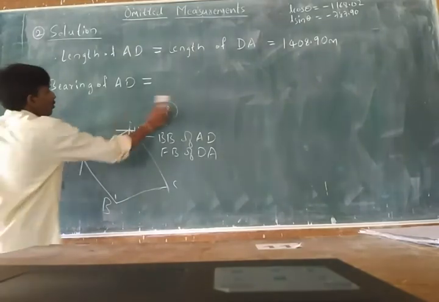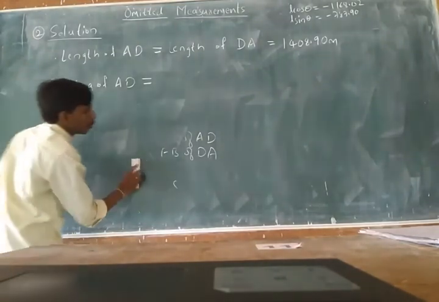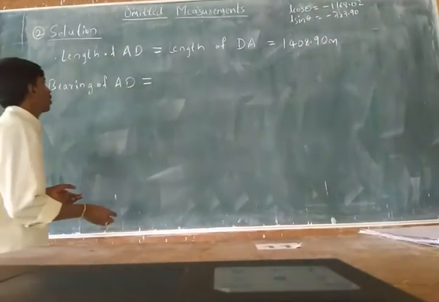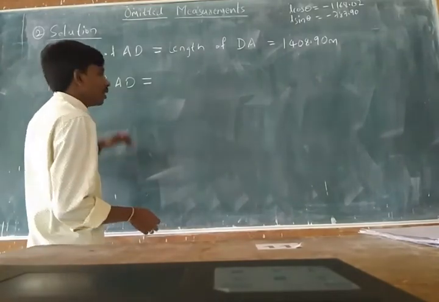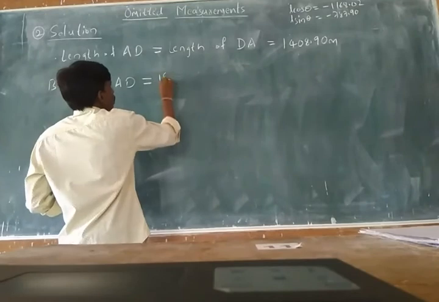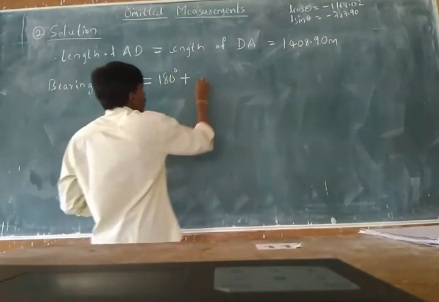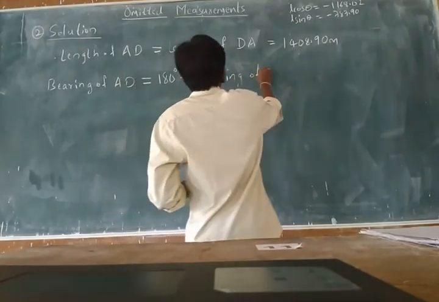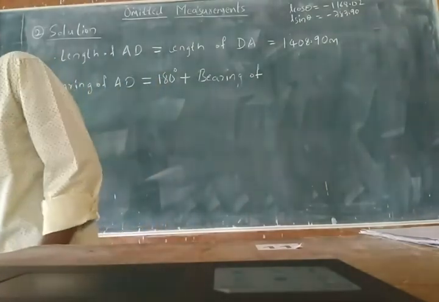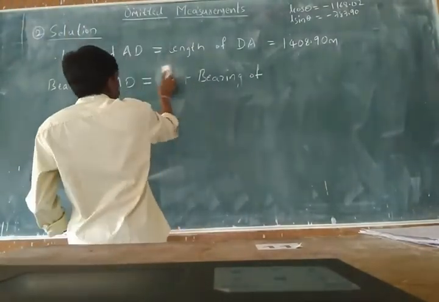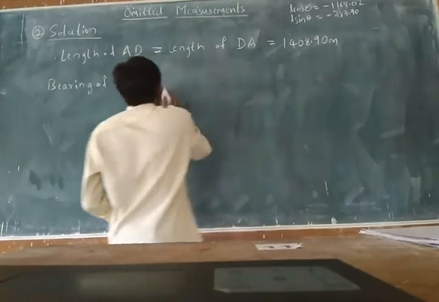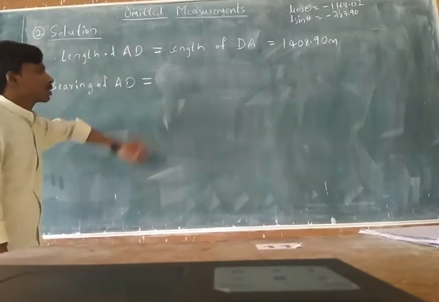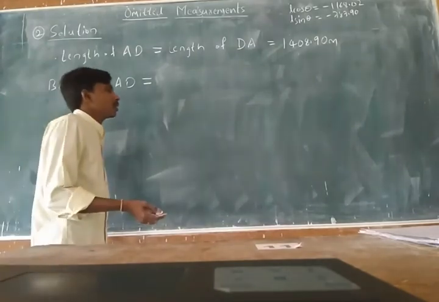Now let's write the bearing of AD. As we have calculated the bearing of DA, the back bearing of DA will give you the bearing of AD. So the bearing of AD is equal to the bearing of DA, and we have to deduct 180 degrees, because the difference is 180 degrees.